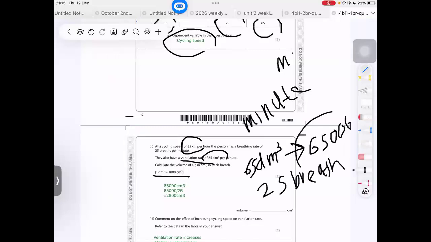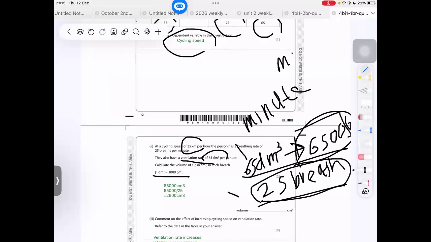So 65,000 of air is taken in for 25 breaths because both are for minutes, right? 65,000 centimeter cube of air is taken in per minute for 25 breaths. Did you understand that part?